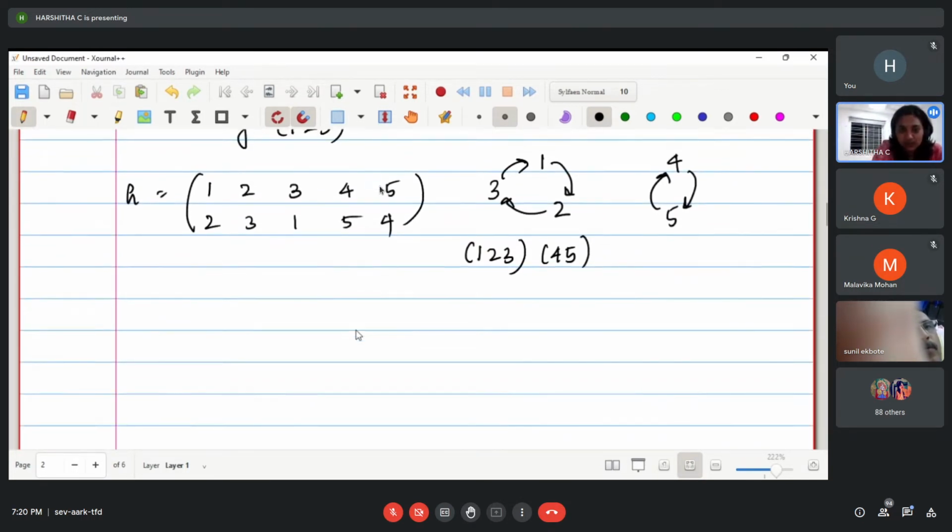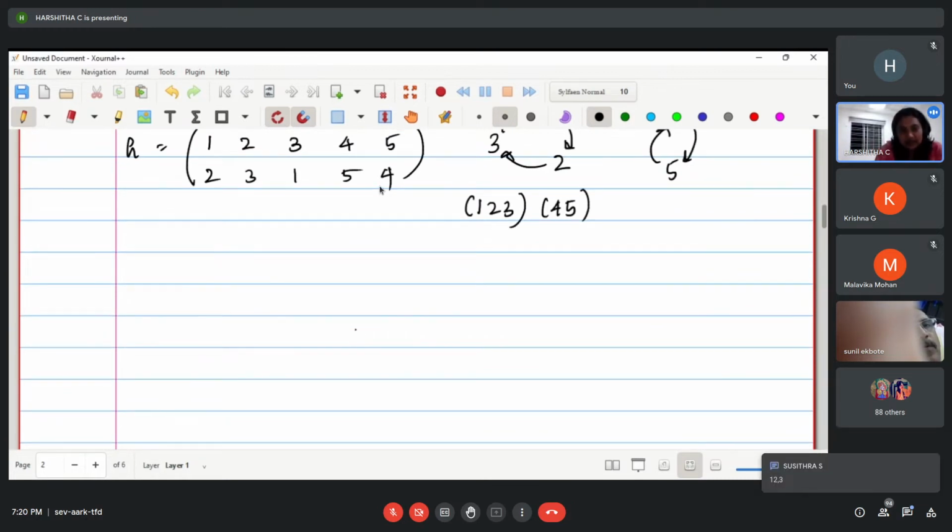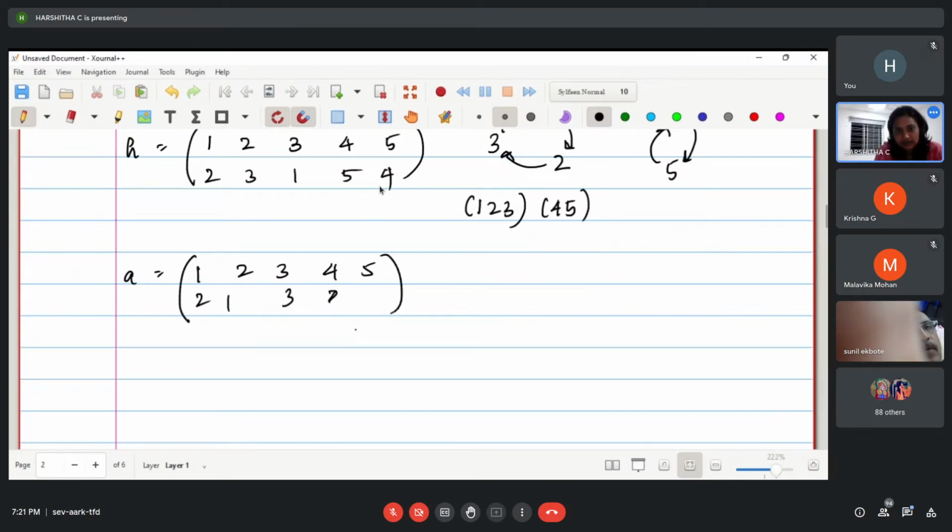Okay, so now let us look at, let's say, 2, 1, 3, 4, 5. If you write it, 1 goes to 2, 2 goes to 1, and everything else is fixed. So if you write it in cycle type, this is basically (1 2), right?